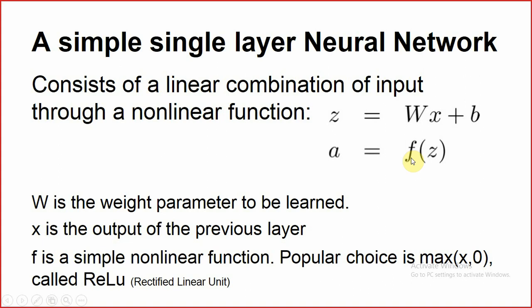rectified linear unit, which is the most popular one in the CNN, and this function only finds this formula, the maximum between the input and 0. So if the input is negative, we assume it as 0.